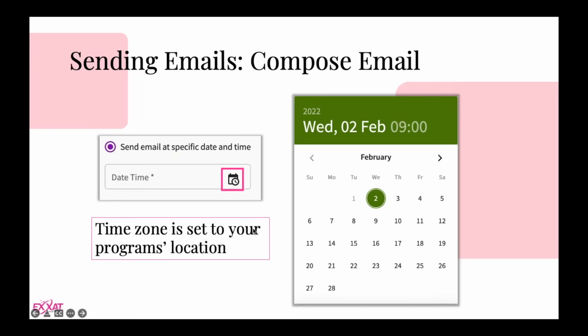And then you'll just go ahead and select the day and time to do that. This is going to use that same sort of clock that you see when you're setting up your session activities for when something is due. You'll click to select the date, and then you'll see a clock that shows you the exact time that you want it to go out. And that's when the email will be sent.